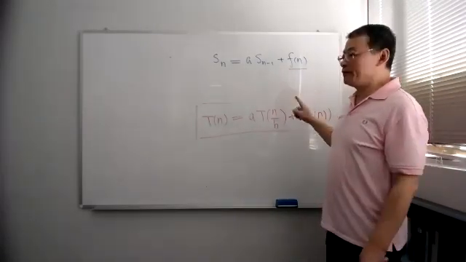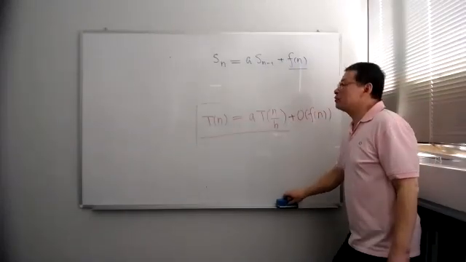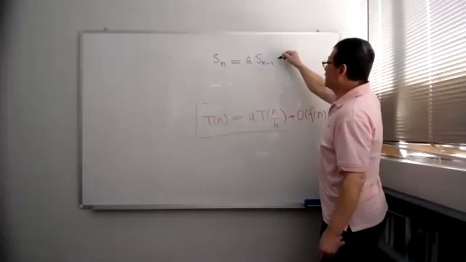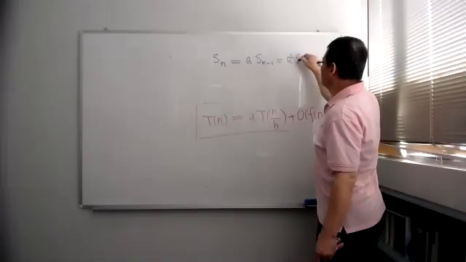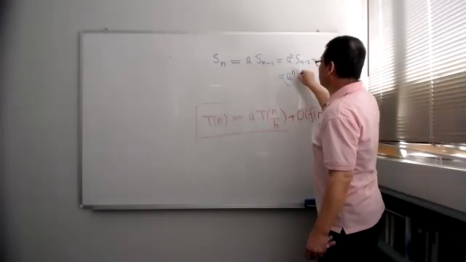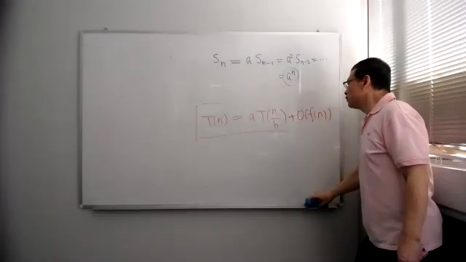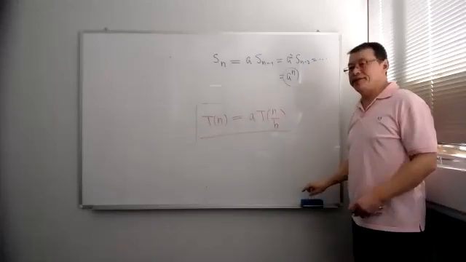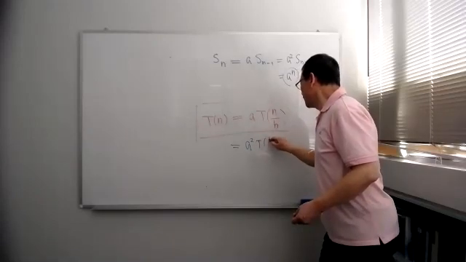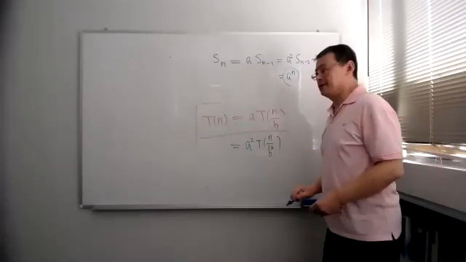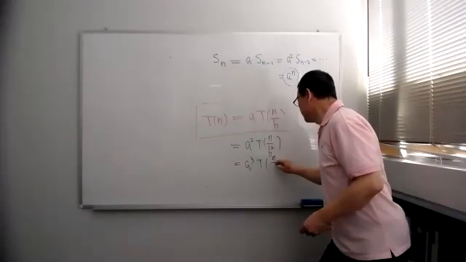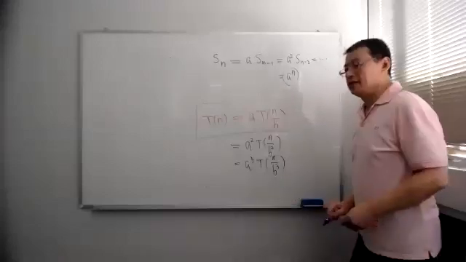One special case of this is when it's homogeneous, without this part. Then it's very easy. We can keep on expanding it. Without this part, we get a squared, then a cubed.